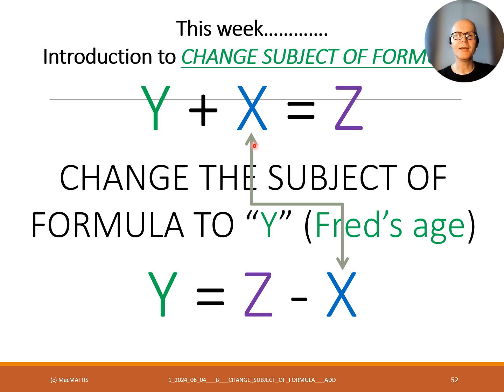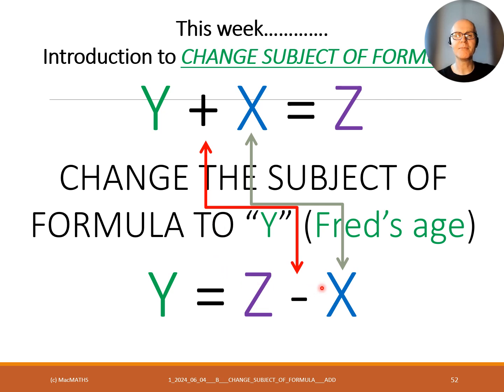Then we're going to move x from the left hand side to the right hand side. We've shifted the x from the left hand side to the right hand side to isolate y on its own. We had plus y plus x on the left hand side.